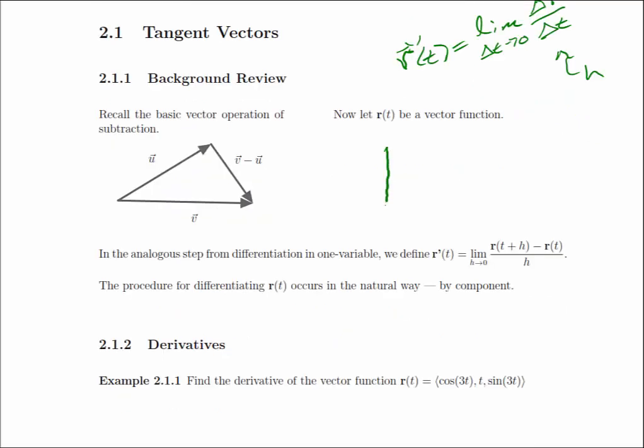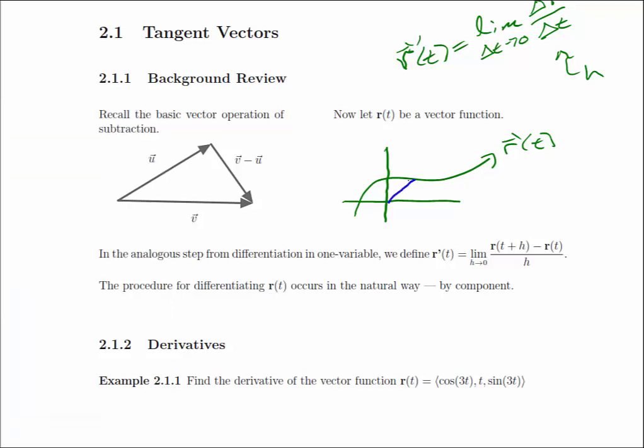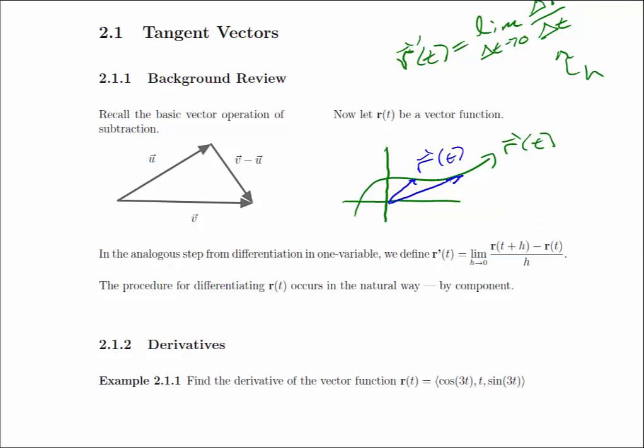The whole reason that we're using the instantaneous rate of change where we're taking the limit is that if we have a vector-valued function, r of t here, and we draw a vector initially for some specific t value, and then we add some time so that we've traveled to this point along our space curve, here we have r of t plus some h.